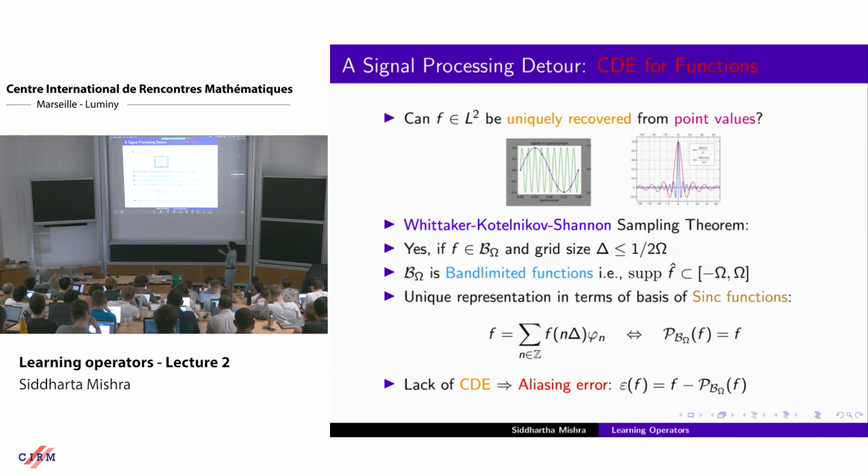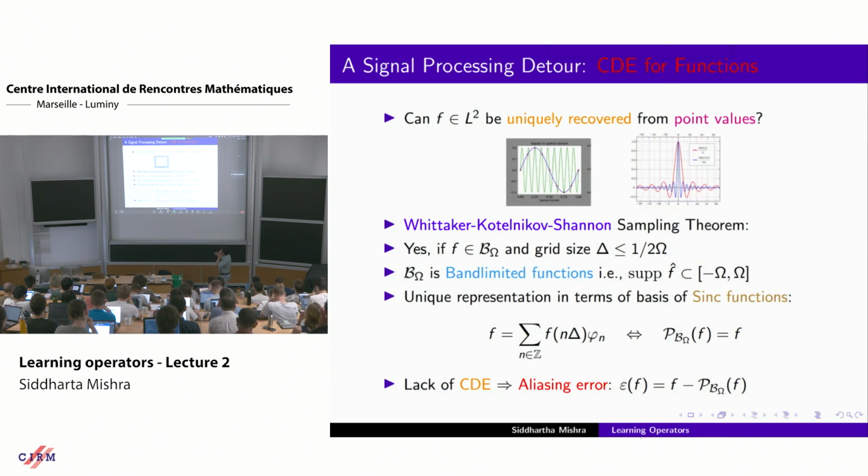Band limited function again comes from signal processing, but it's simply when the Fourier transform, since it's an L2 function, so you can always take its Fourier transform, is compactly supported. It is supported, this is one dimensional just for simplicity, between minus omega and omega. So the number of frequencies that the function has is limited, it's finite.